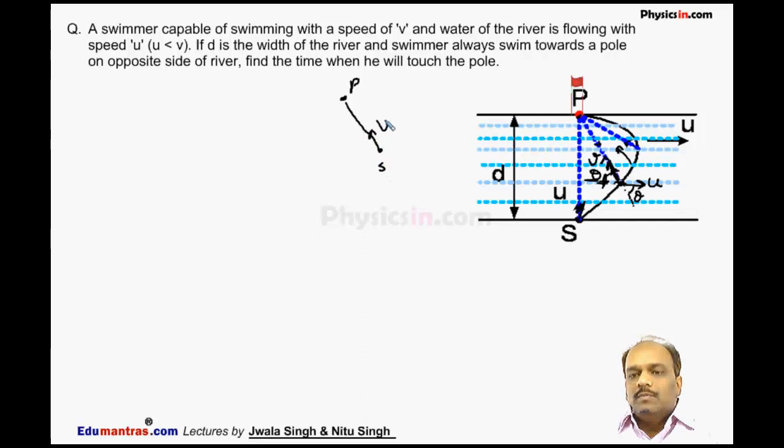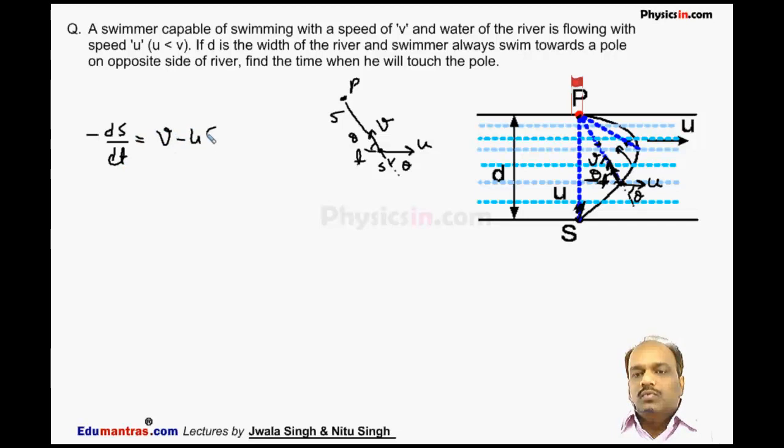Swimmer is swimming with speed v, water is flowing with speed u, and this angle is also theta. So we can say the separation between this pole and the swimmer is decreasing, and the rate of decrease of this separation is called velocity of approach, that is equal to v minus u cos theta.